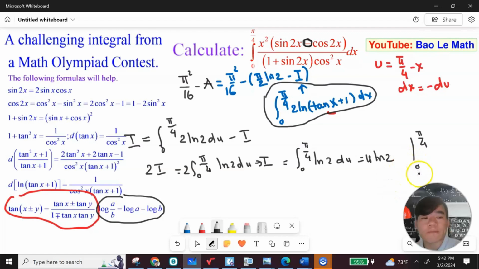Evaluate it from 0 to pi over 4, so I have pi over 4 natural log of 2. Substituting u equals 0 gives 0. So finally this guy equals pi over 4 natural log of 2.